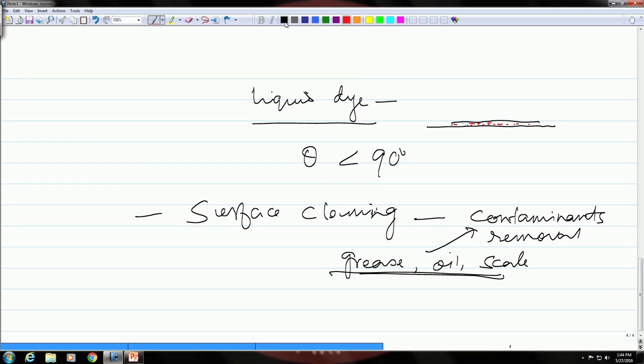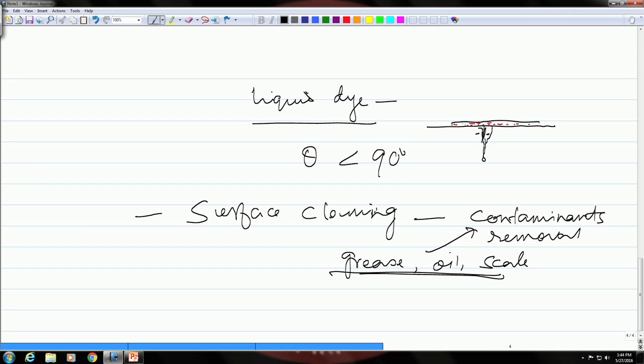Now, let us say you have some kind of discontinuity, a crack or some other discontinuity on the surface. This crack has a crack surface, on both sides of the crack you have a surface. That means you have a surface energy involved there. Because of that, this liquid will be drawn inside this.